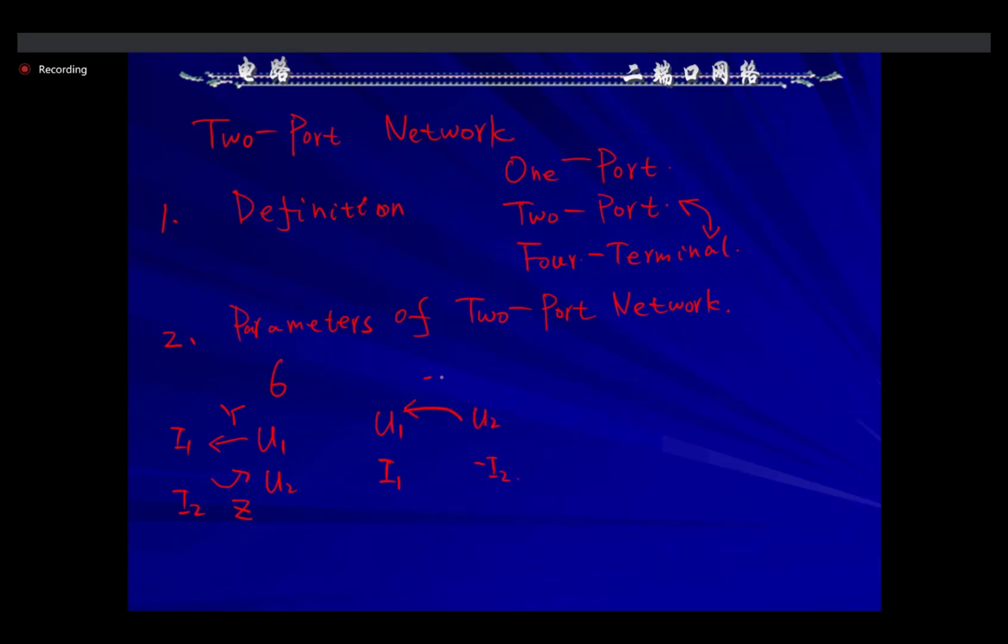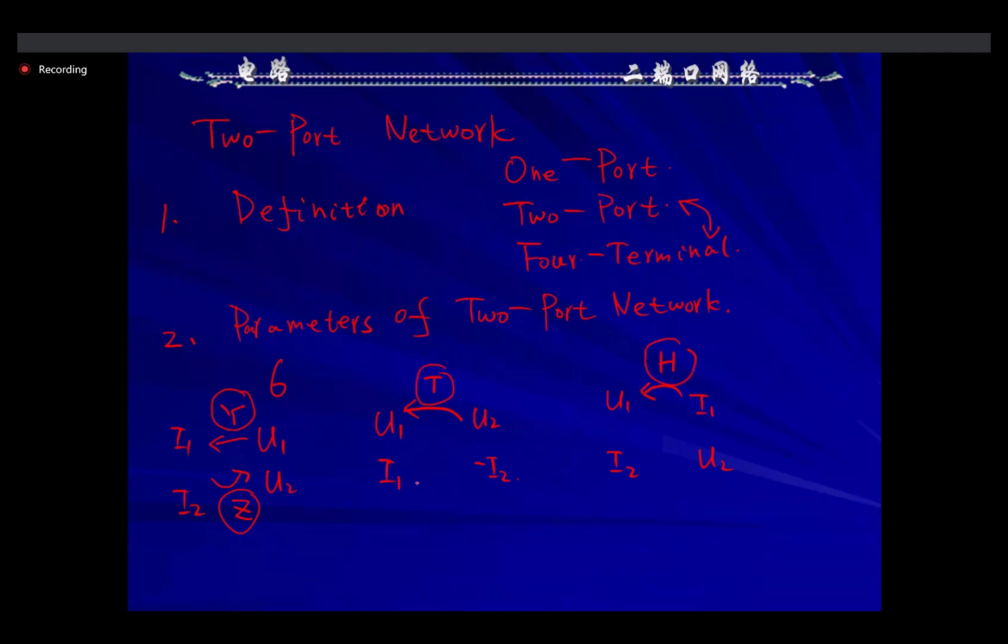This is the T parameter. And then U1, I2 to express I1, U2. This is the H parameter. So we have introduced 4 kinds of parameter. There are a total of 6.